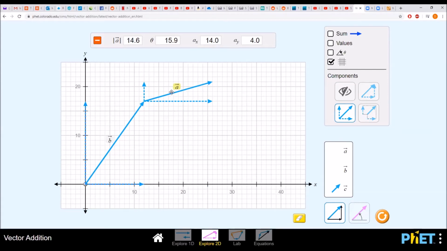But what you can also do is take this, keep it at the same height, keep it at the same y value, and move it all the way across like that. And you get this y component plus this y component, the y component of b plus the y component of a. You can also do that down here, keep it at the same distance away in x, and now you get that x component and that x component.